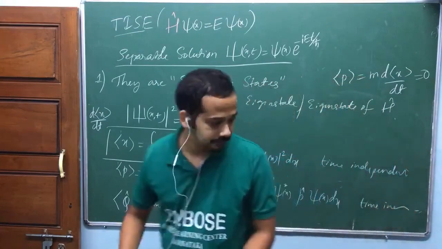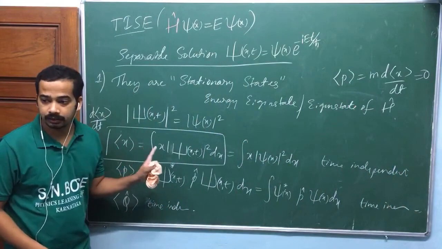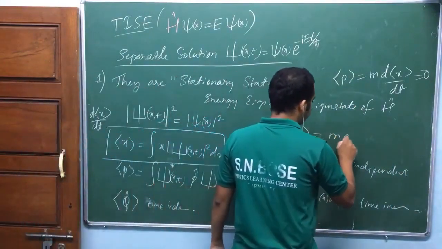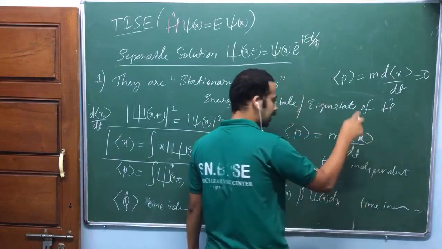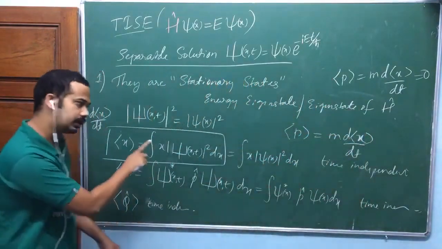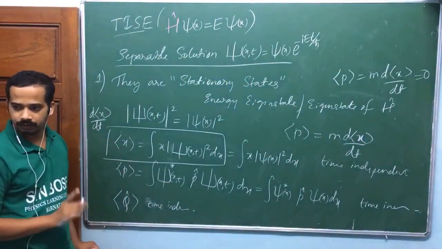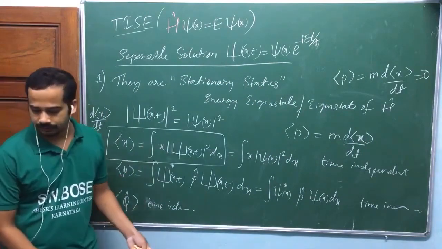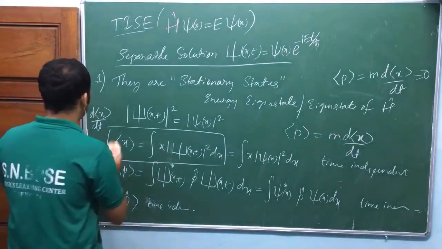Take Ehrenfest's theorem: expectation p is equal to m into d expectation x by dt. While finding expectation x, take the time dependent wave function. I have taken that one. It is 0. That's why it is true. That's why you can apply it and say expectation p is 0 in case of a stationary state. Is that okay?